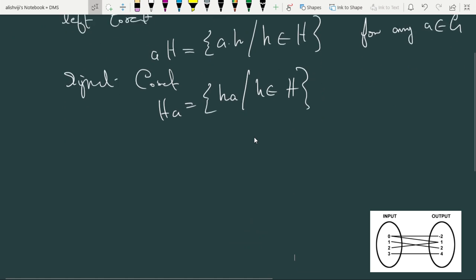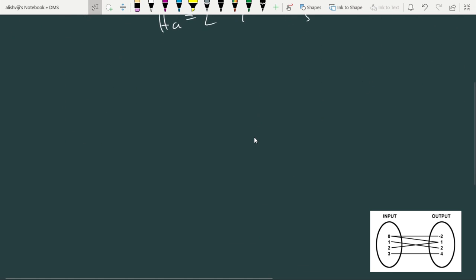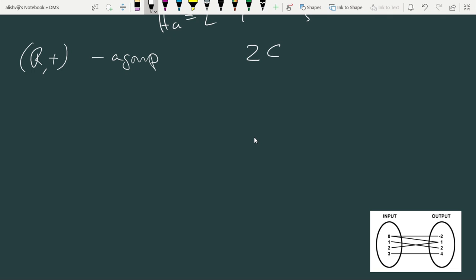As an example, let's consider the set of all real numbers R together with addition, which is a group. Now consider the subset of R, the set of all integers Z, which together with addition will also form a group. Now, let's take an arbitrary element a belongs to R. For simplicity, let's take an element of R which is not in Z, say a equal to root 2.